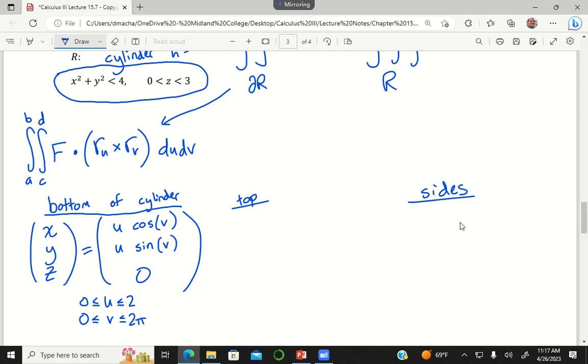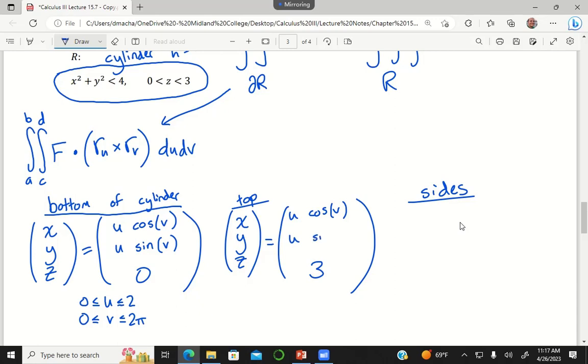Okay. The top of my cylinder also needs a parametric equation. But in this case, it's going to be the same thing, but with z value of 3. And then, of course, the sides of the cylinder need a parametric surface.